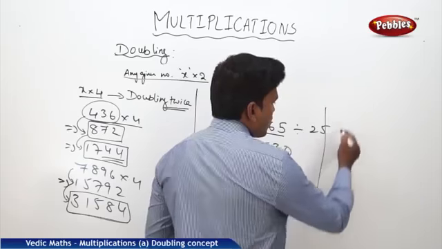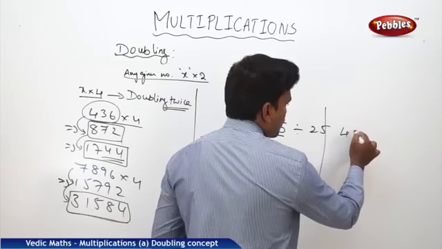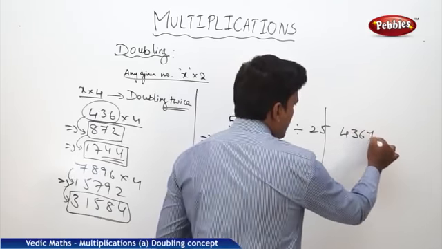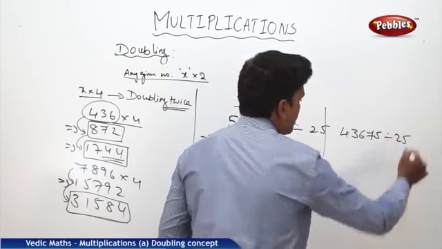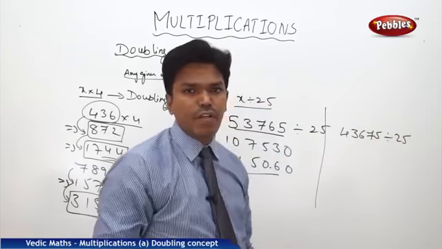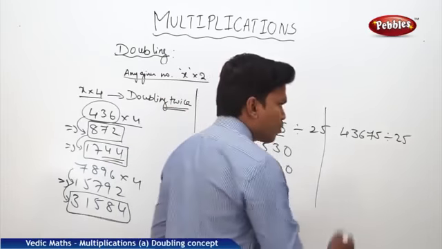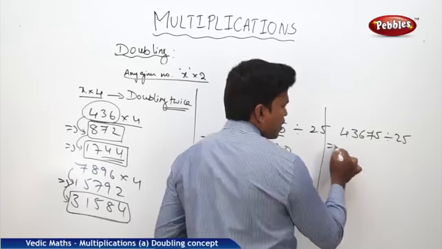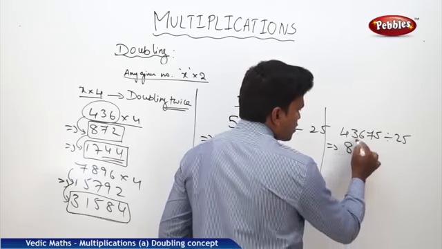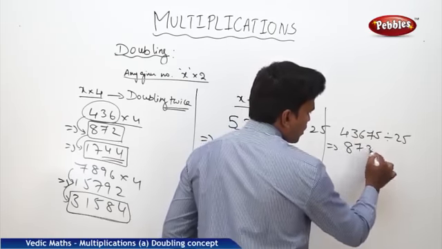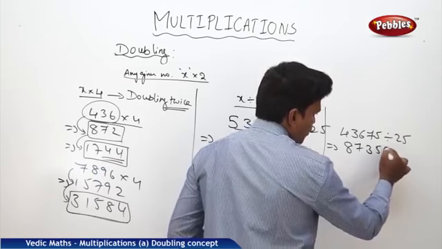One more example. Suppose I want to divide 43675 by 25. Again the same way, double the number twice and put a decimal point after 2 digits from right. So double the number: 87350.